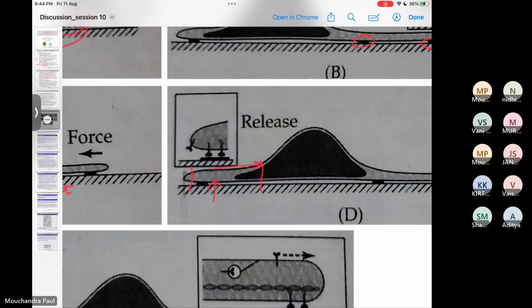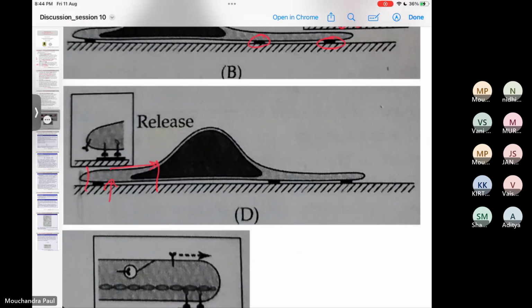Basically the lamellipodia in the front is in the direction where the cell is trying to move. The cell is trying to move in this direction, that is why this huge lamellipodia is extended in this direction.